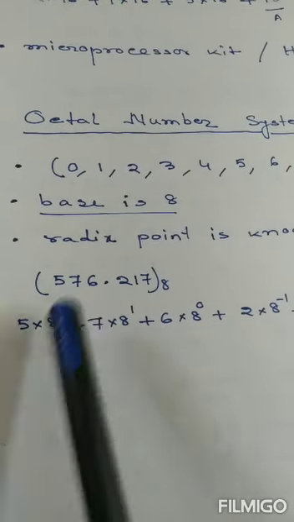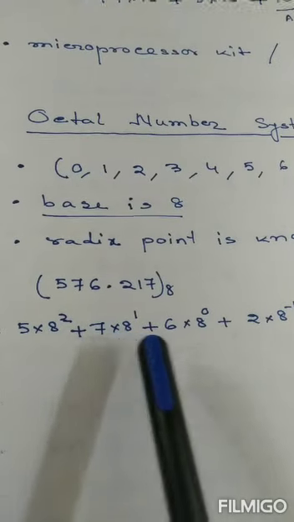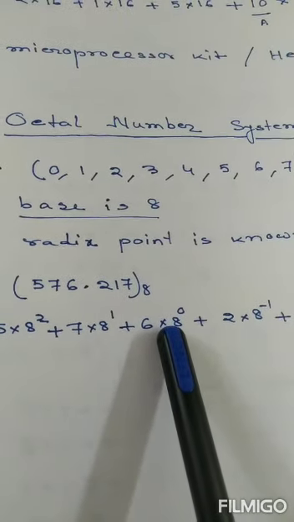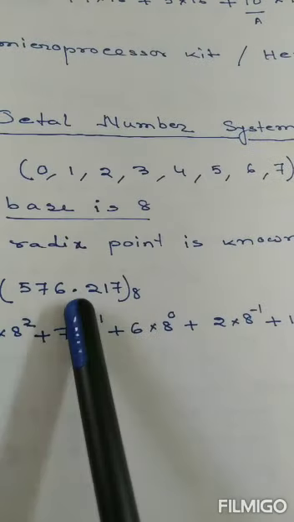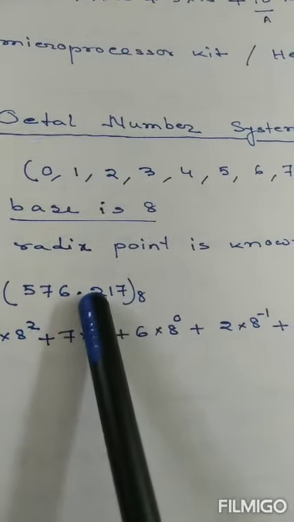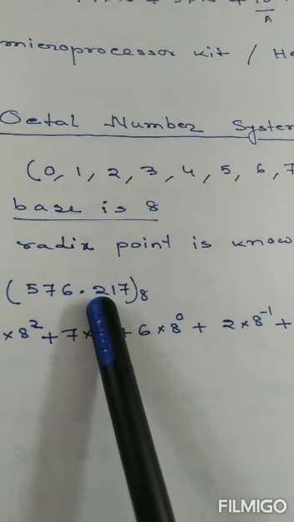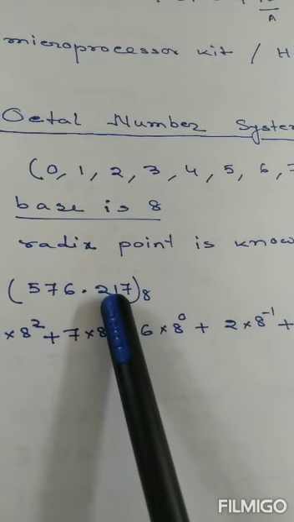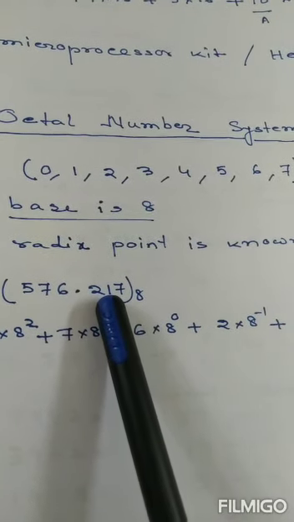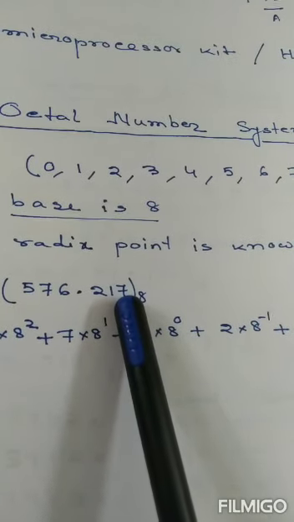So the value is 5 into 8 square plus 7 into 8 to the power 1 plus 6 into 8 to the power 0, plus, for the fraction part after the point, the weightage of 2 is 8 to the power minus 1, of 1 is 8 to the power minus 2, and of 7 is 8 to the power minus 3.